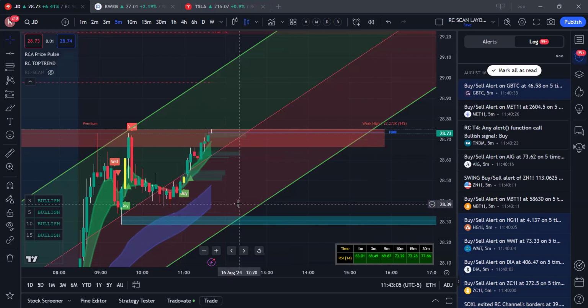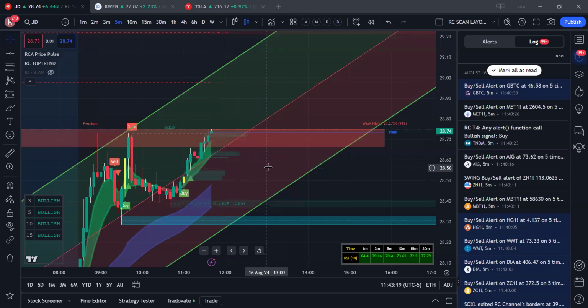If we don't see 100% confluence, but 80, 85, 90%, then we can go with the bull put spreads or bear call spreads. If everything is red, we can buy the puts. If it is not completely red here and there, we don't have confluence, we can do the bear call spreads.